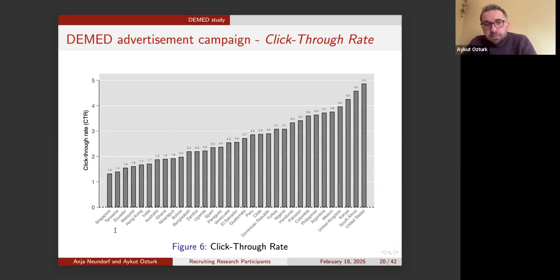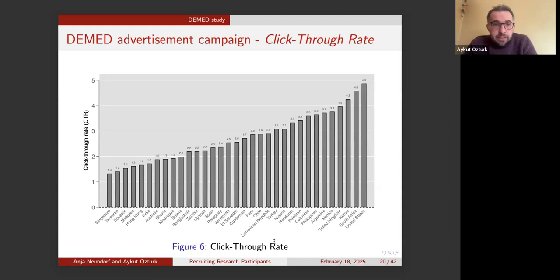That was a bit of a surprise for us because, given the similarity of advertisements, we would expect similar results. If more people click on your advertisements, of course, the overall cost will be lower. And that is why in the United States, for example, despite our reach being so small, the costs were not that bad. It was just $1, if you remember.